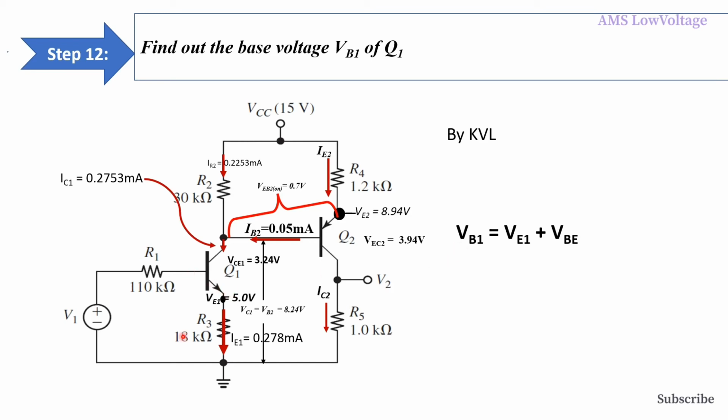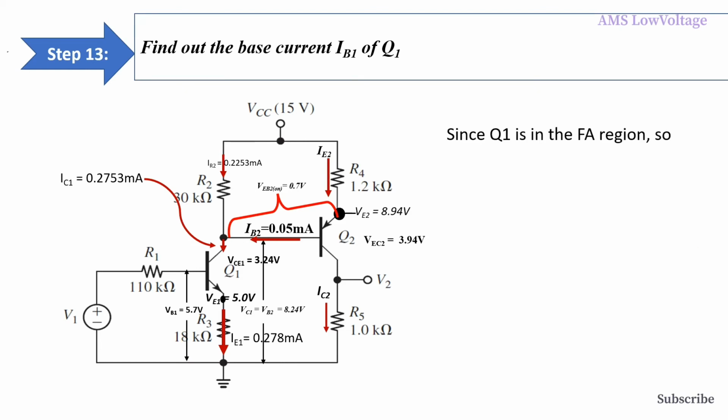Because VE1 equals 5 volt, and the voltage of this PN junction is 0.7 volt, this is the on voltage. So V1 equals 5.7 volt, and I have denoted this V1 here like this.